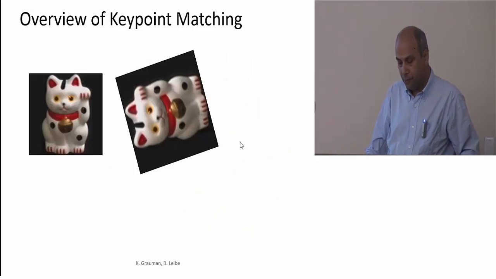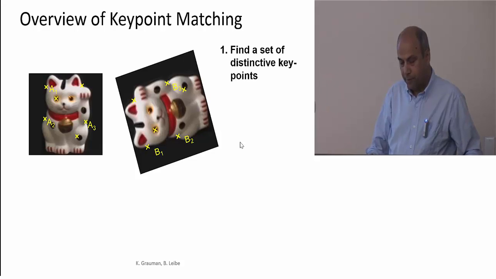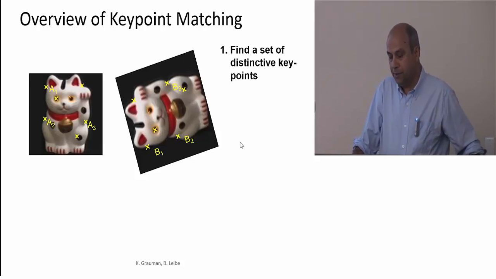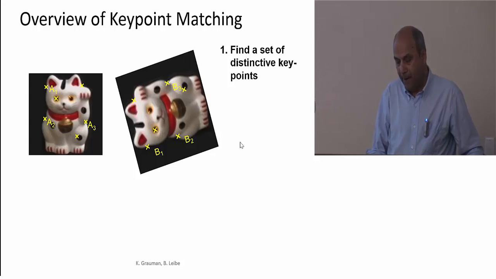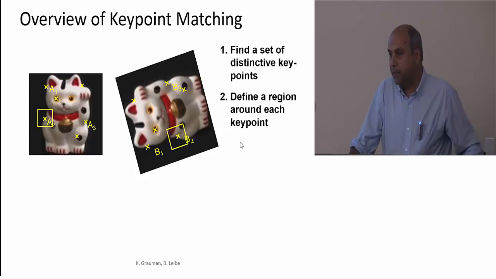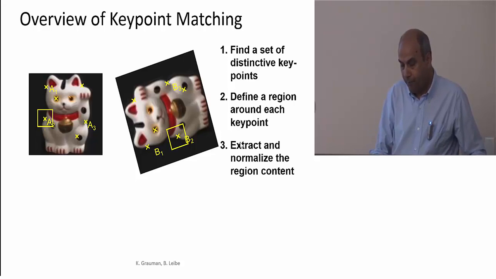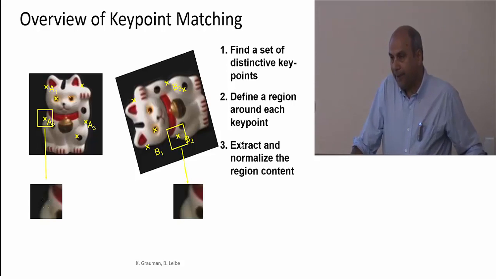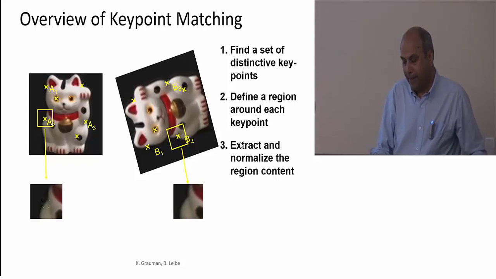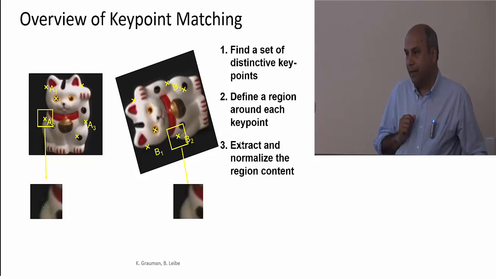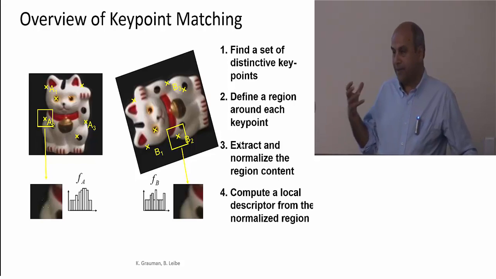So that's the intuition here. Given these two images, we will find these points, called interest points, key points, or corners; there are different names. Then around each key point, we will look at a small neighborhood and get some region, and we will normalize this region and get whatever the content is there, the gray levels or color, and come up with a descriptor.